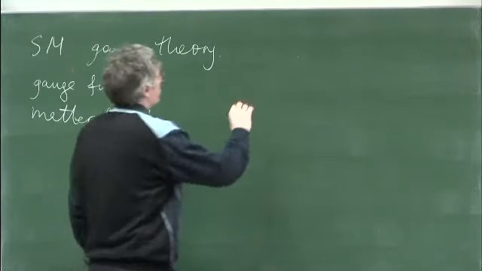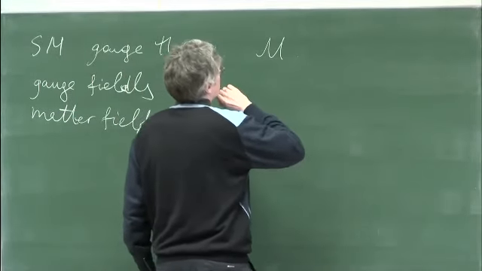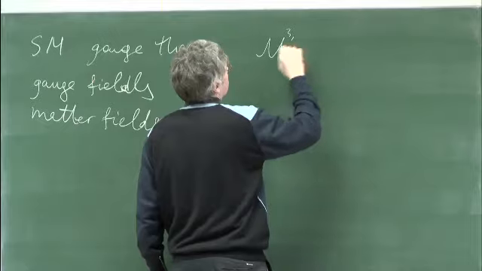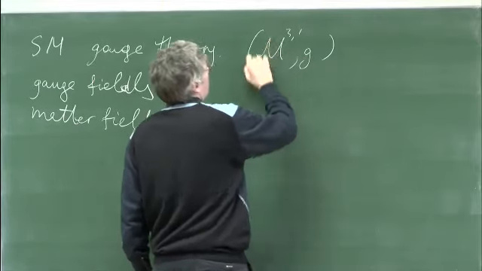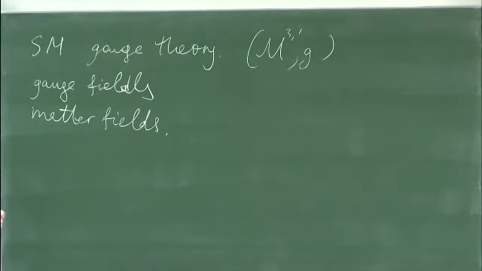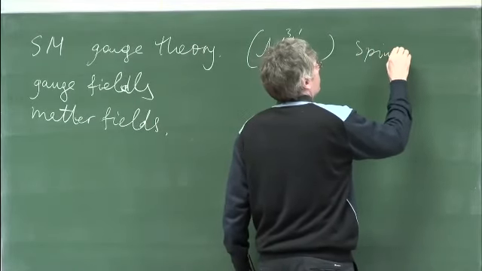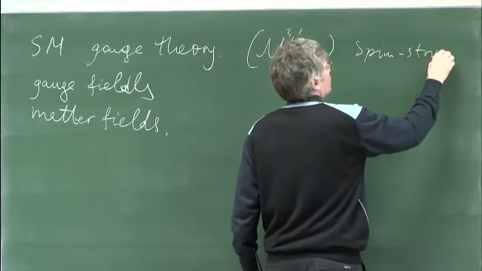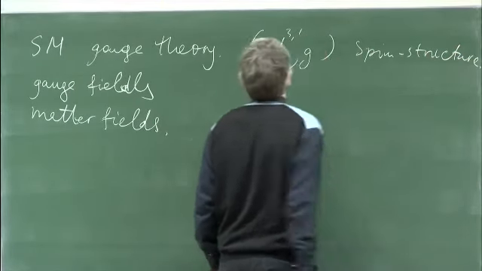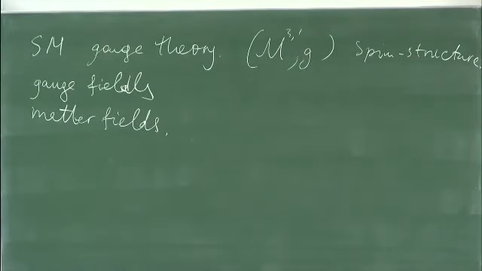Well, we first start from some manifold, which is our space-time, so it's endowed with a metric of signature 3,1, and actually we need to fix some spin structure on it.